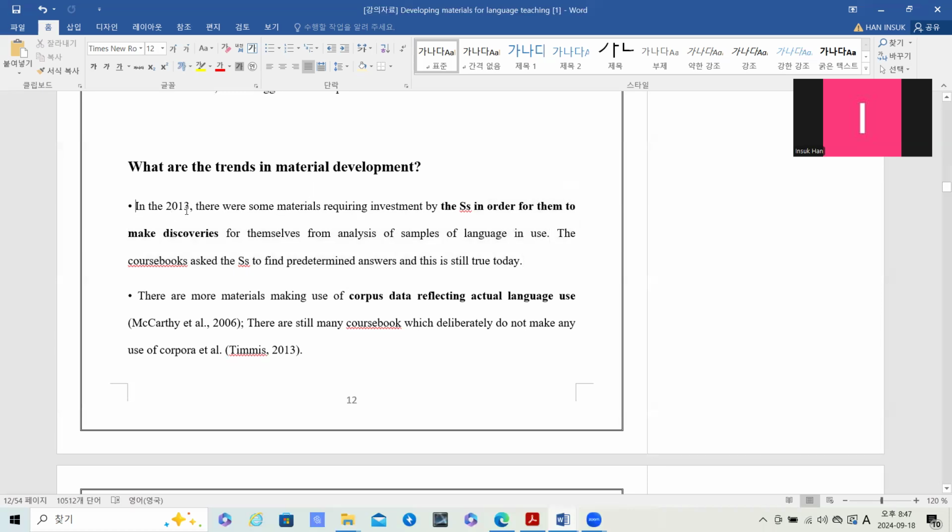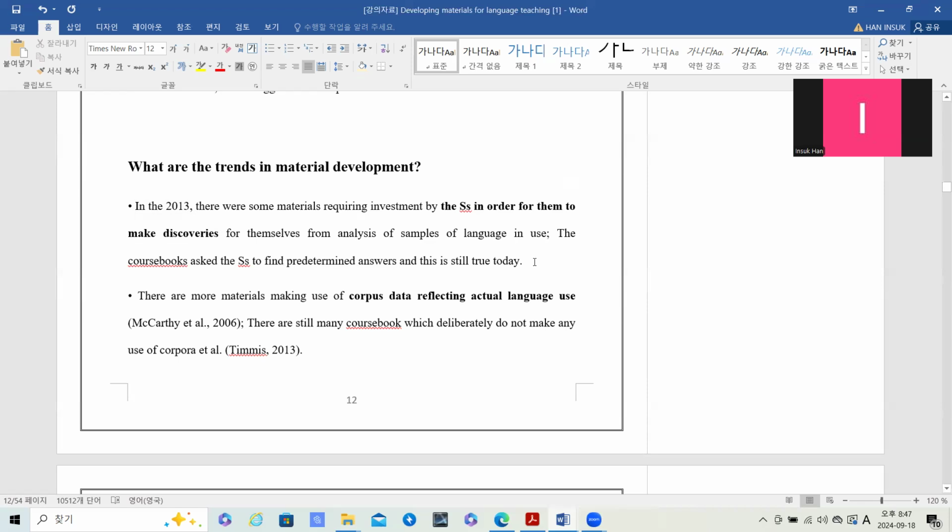It's been around 10 years, as it says, that the course books require students to make discoveries by themselves, to figure out the answers. But I think the predetermined answers do not seem to require students' deep level of thinking.